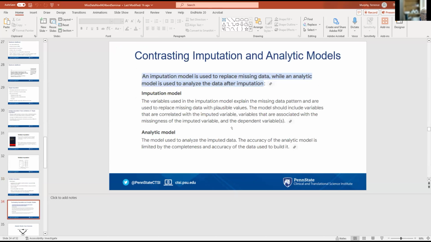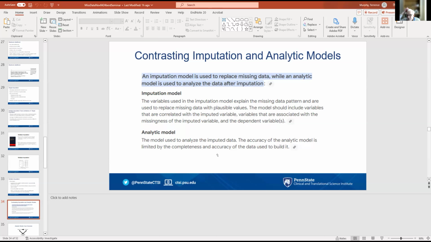So an imputation model is used to replace missing data, while an analytic model is used to analyze the data after imputation. Now, the real key here is that the results of your analytic model, their validity, their worth, are really contingent upon the comprehensiveness of the data and therefore the sophistication of the imputation model.